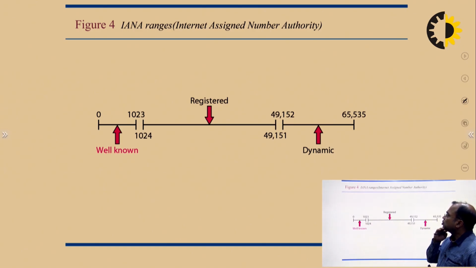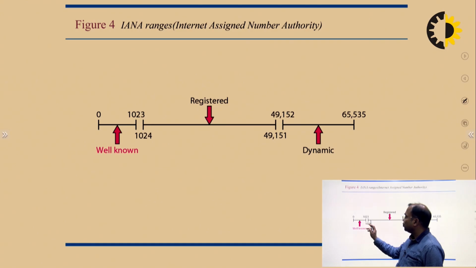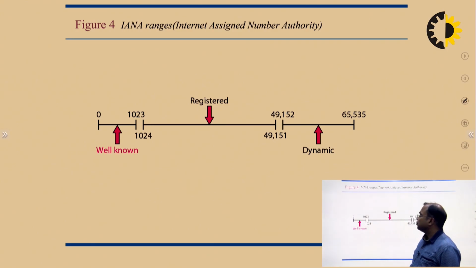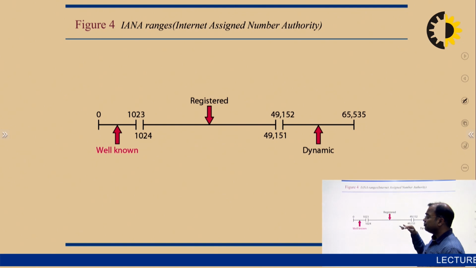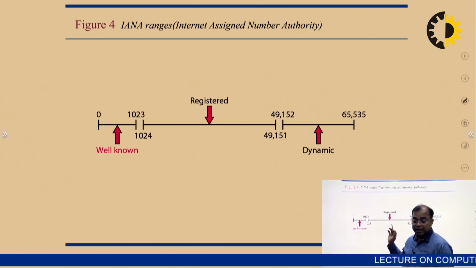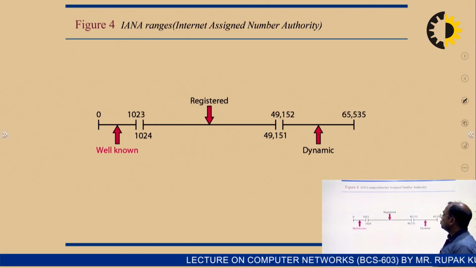Combined, we can say the port number and IP address make up the socket number. Now IANA also gives some ranges. The Internet Assigned Numbers Authority decides them. The well-known range is 0 to 1023. If you want to register a port, which is free, the registered range is basically between 1024 and 49151.